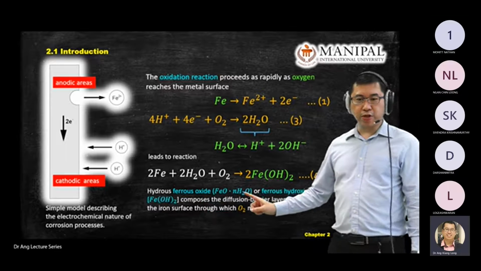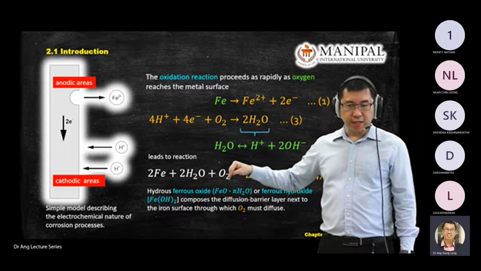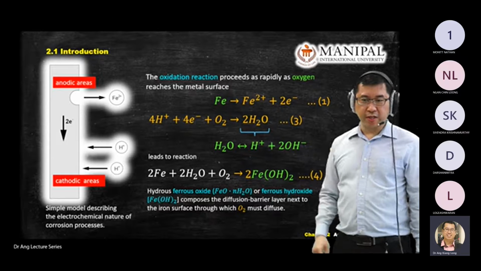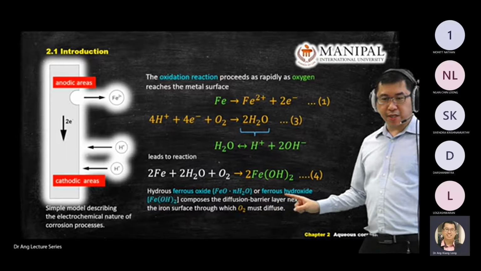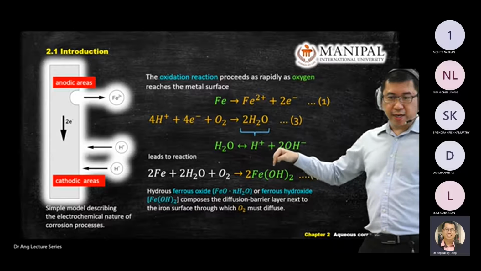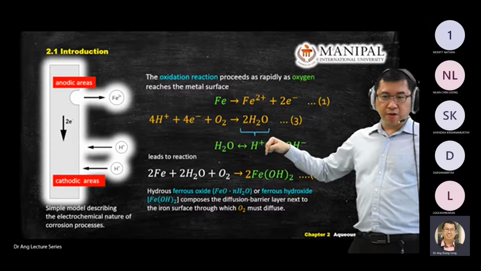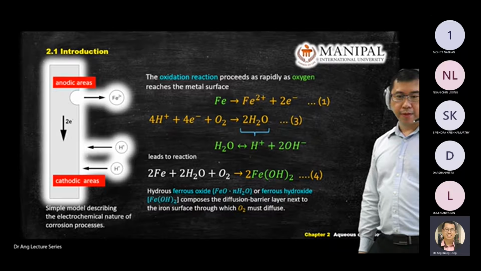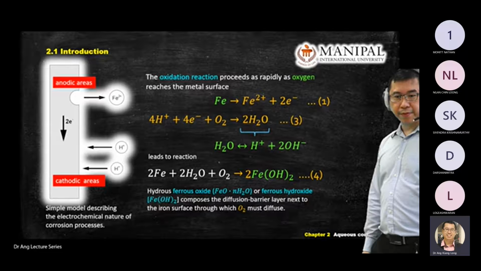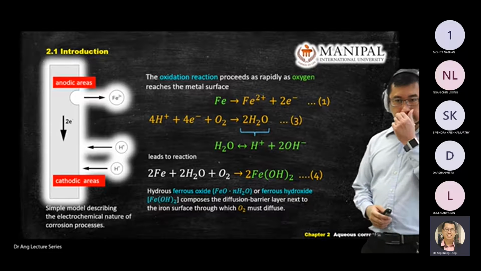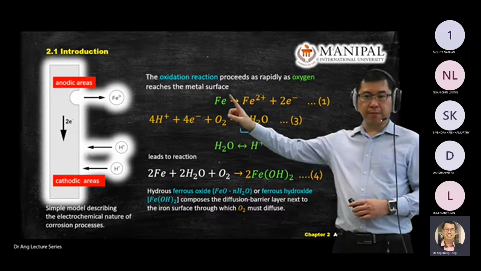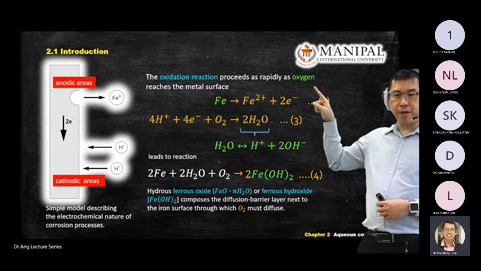Okay, those you do not see just above the water, you will see FeO dot water. Okay, those deposited on the surface of metal, you will get FeOH2 or ferrous hydroxide. Okay, so this one you can read lah. Okay, so this explains how oxidation happens on metal surface. This one with the help of oxygen.